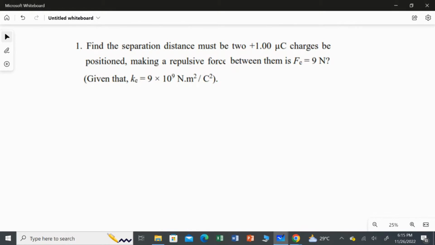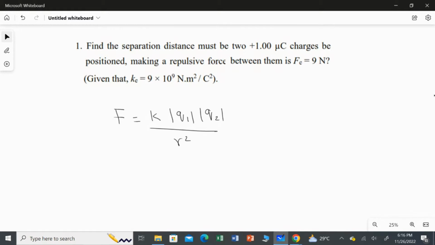So what we are going to do is find what should be the distance between the two charges. Clear? So that means we are going to find the value of R. For this question we have to apply Coulomb's law. What we studied in Coulomb's law is given by the rule F is equal to K, the magnitude of the first charge, multiplied by the magnitude of the second charge, divided by R square, right?